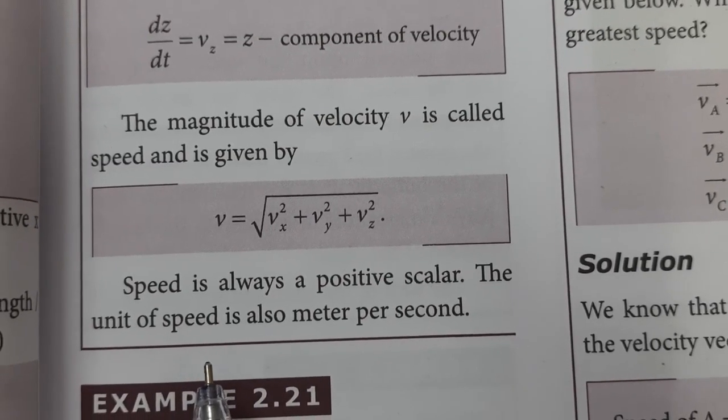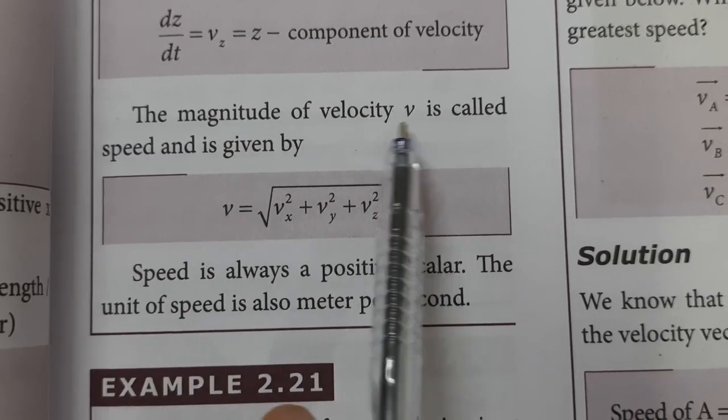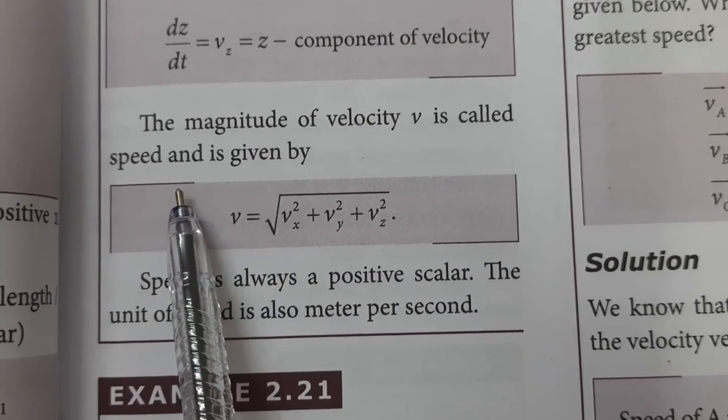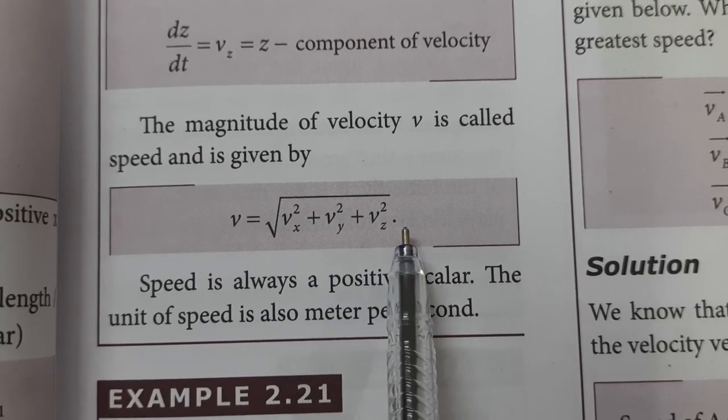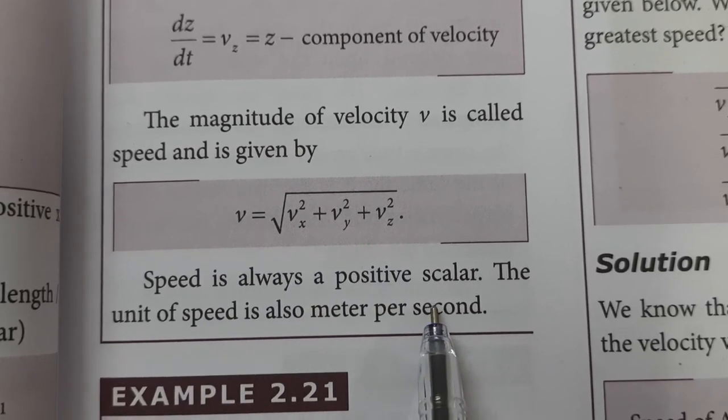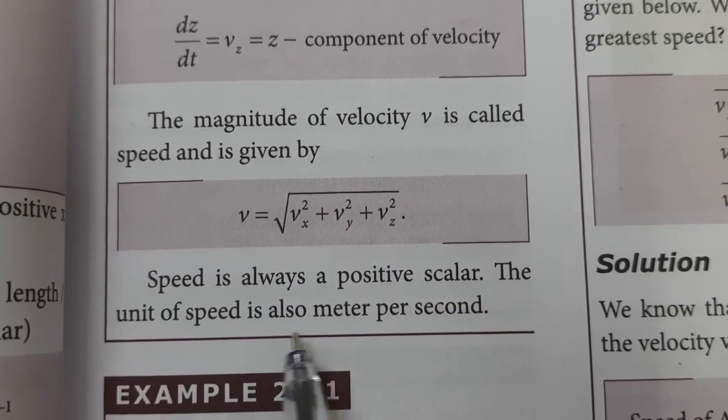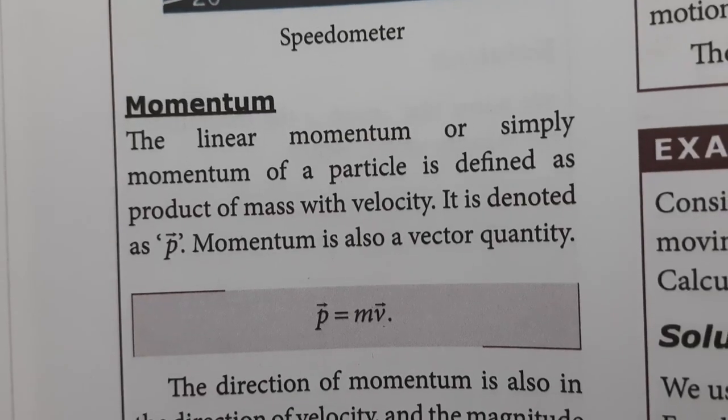Then speed. The magnitude of velocity is called speed, that is v equal to square root of vx square plus vy square plus vz square. Speed is also a positive scalar. The unit of speed is also meter per second.